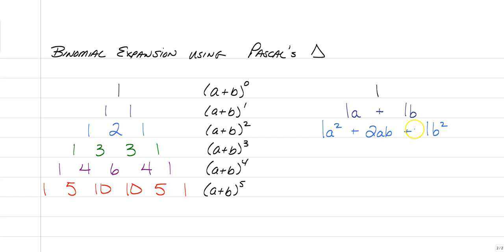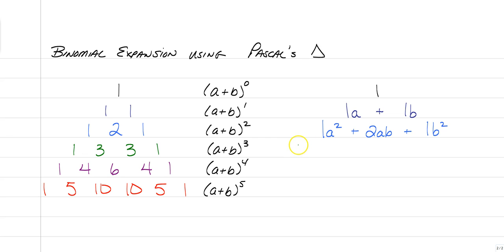So what happens is as you increase from the front, you start with this exponent, so a squared, then you drop an exponent to a, then you drop an exponent and you have nothing. But working backwards, you start with the n, so you have b squared on the last term, b in the middle term, and no b on the first term. Okay? We'll do one more of these.